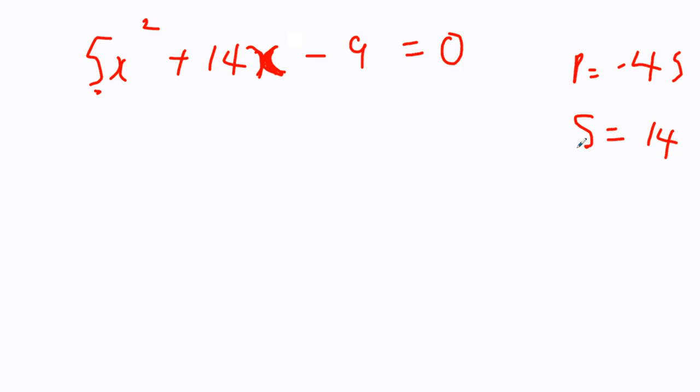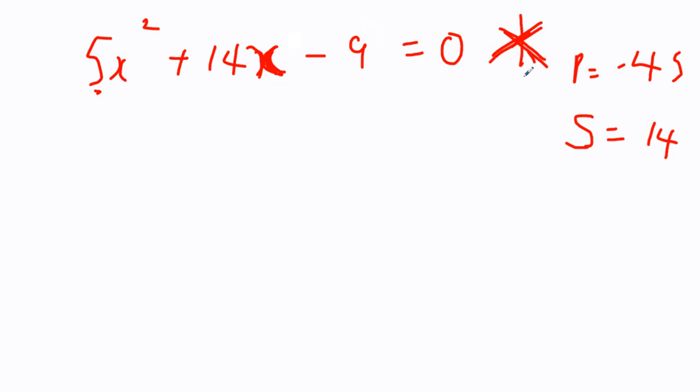So if we take 9 and 5, negative 9 times positive 5 will give you negative 45. But if you add them, it's not going to give you positive 14. Negative 9 plus 5 will give you negative 4.